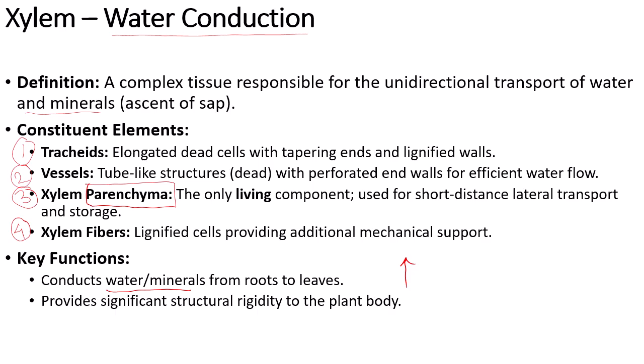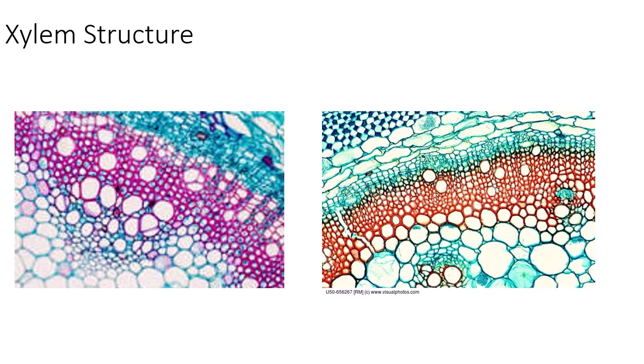It gives mechanical strength to the plants. In these pictures, you can see the structure of xylem, which is mainly made for the storage as well as transportation of water and minerals in the upward direction.